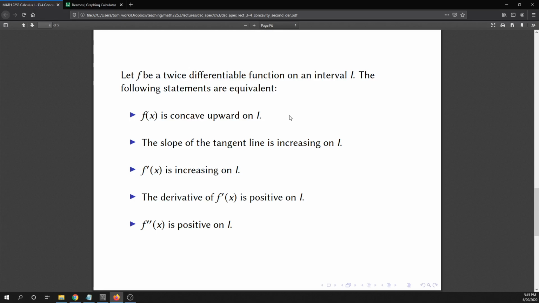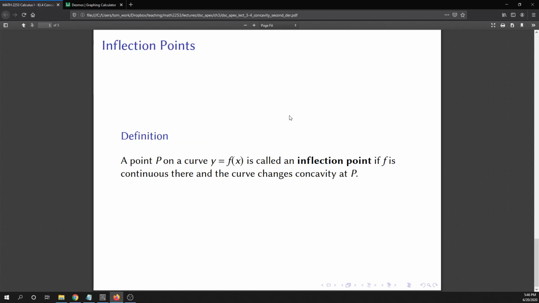All right. The last thing that we'll need to talk about before we start getting into an example is the inflection point. An inflection point is a point on the curve, on the graph, at which the function is continuous and the curve changes concavity. By changing concavity, I mean it changes from concave up to concave down, or from concave down to concave up.